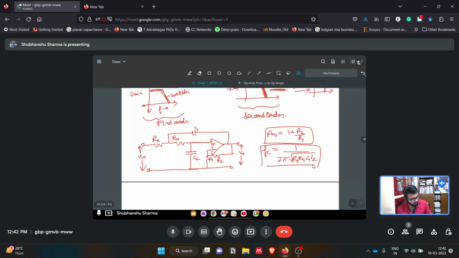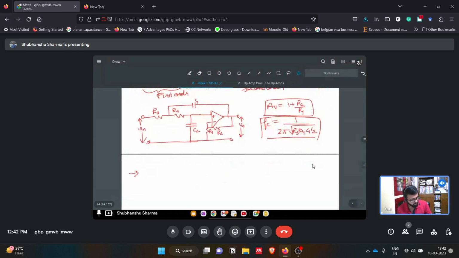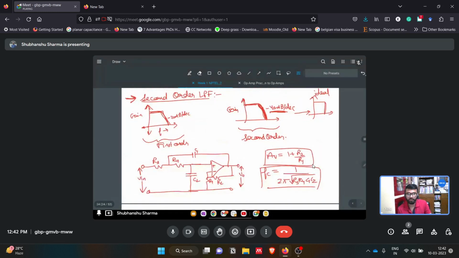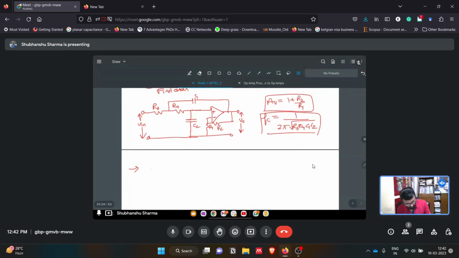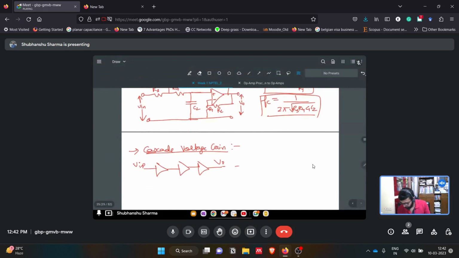As we talked about high order filters, which can increase the slope of the roll off region, how can we achieve that? If we cascade voltage gain amplifiers, in order to increase the gain, we can cascade these op amps or active filters together.